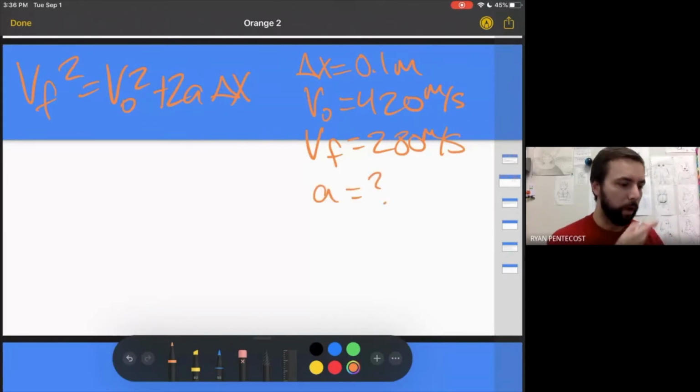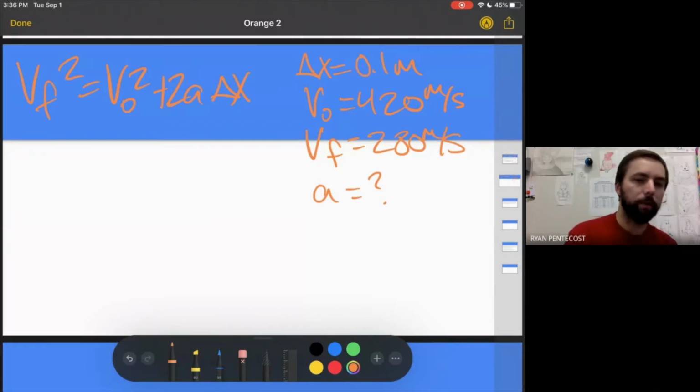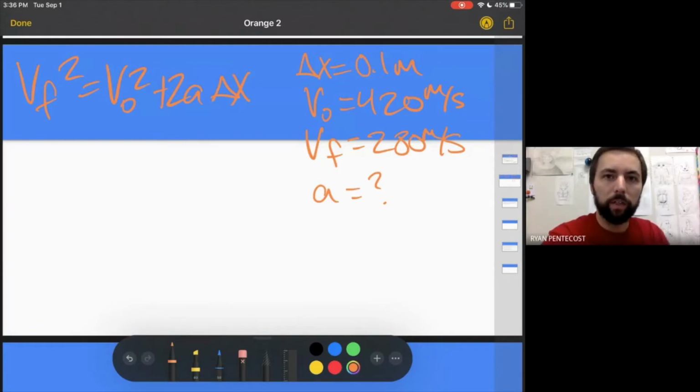So we've got our givens and we've got the equation. Let's see if we can find acceleration. First, I am not a huge fan of plugging in numbers and then doing the math immediately. Solve it using the symbols first, then plug in your numbers. The numbers are where you can get easily tripped up. So first, let's solve for a.